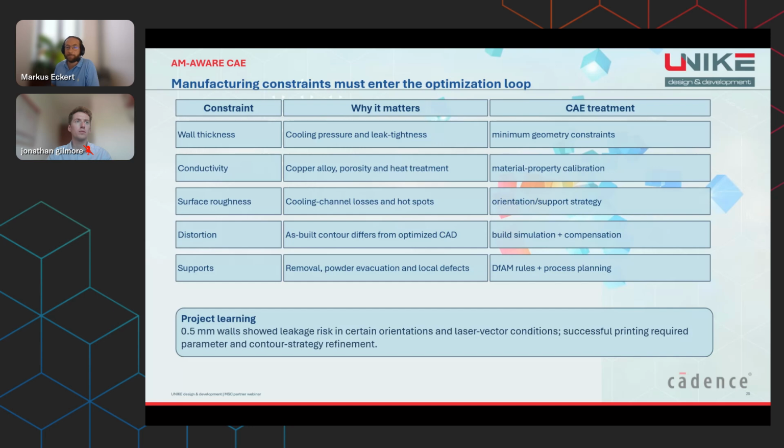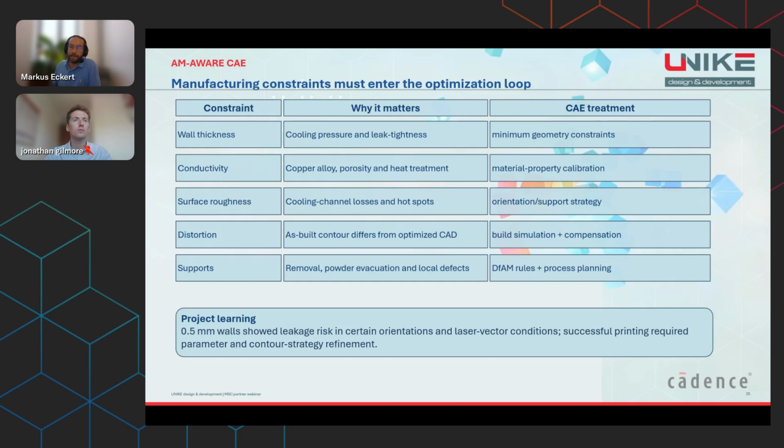Electrical conductivity depends on the copper alloy, porosity, and heat treatment, and it in return influences the electromagnetic response. Surface roughness affects pressure losses and local hotspots inside channels. Distortion can change the coil gap and with it the field. Support structures influence removal, powder evacuation, and local defects.